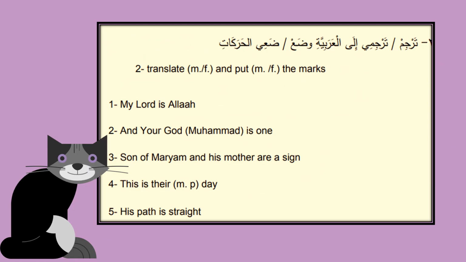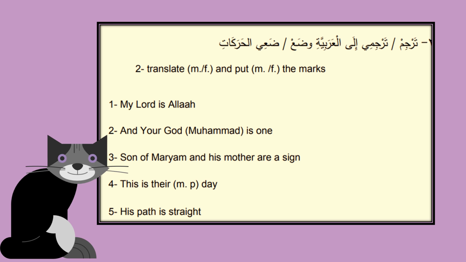Now in the second question, tarjim means translate, ilal Arabiya means to Arabic, and wada means to put al harakat. So, my Lord is Allah. What will be your answer? My Lord. My is the mutakallim damir, and Lord is Rabb in Arabic. And as you know, after is will be the khabar.